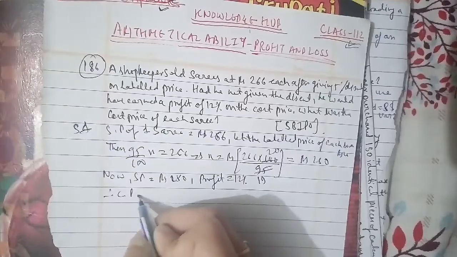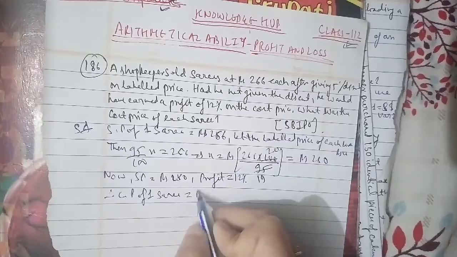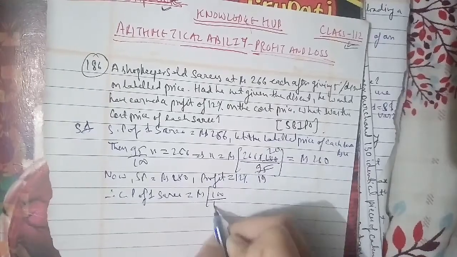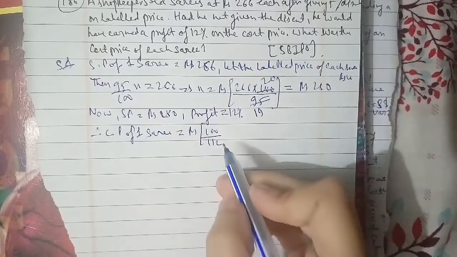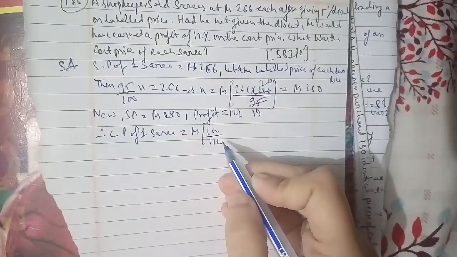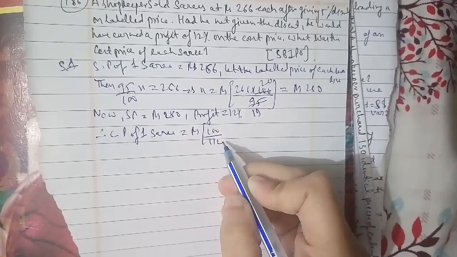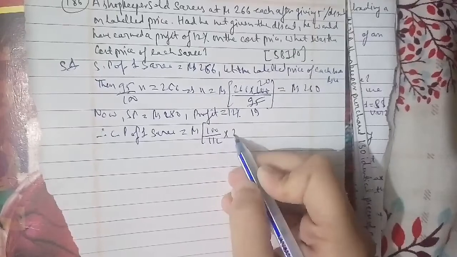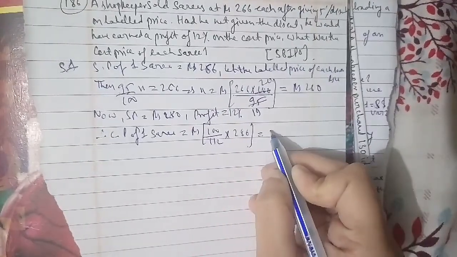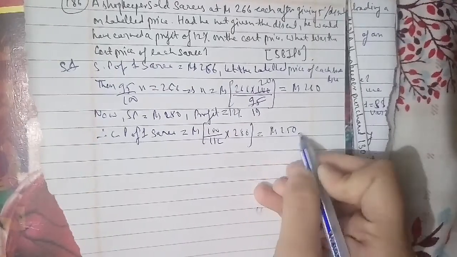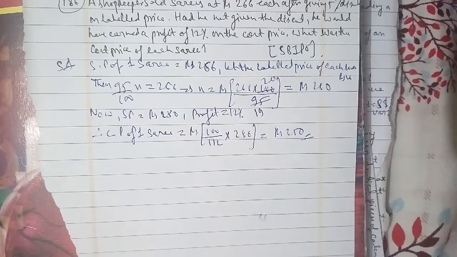Cost price of one saree equals rupees 100 upon 112 into 280, which equals rupees 250. That will be the right answer to the question, that is the CP, the cost price of one saree here.